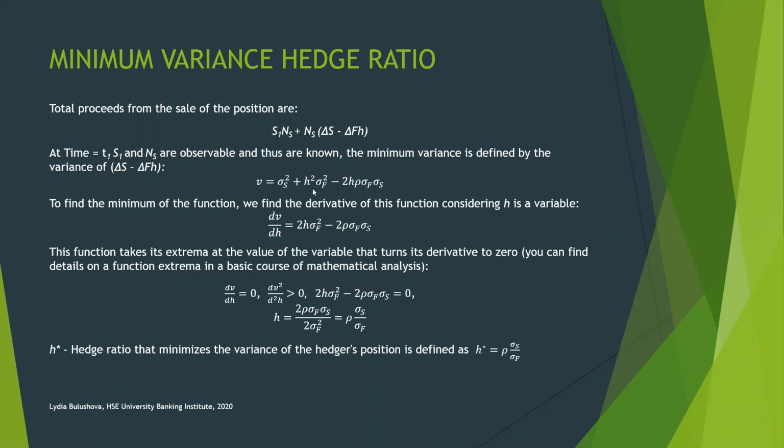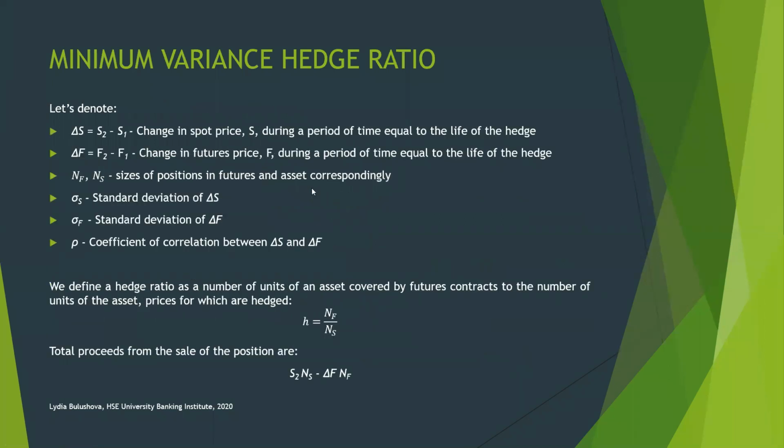Why do we introduce H? We need to know how many units of futures contracts we have to purchase, and we introduce H to be able to express the number of futures contracts purchased via the number of units of asset purchased.